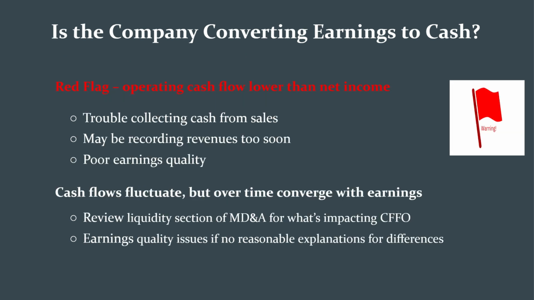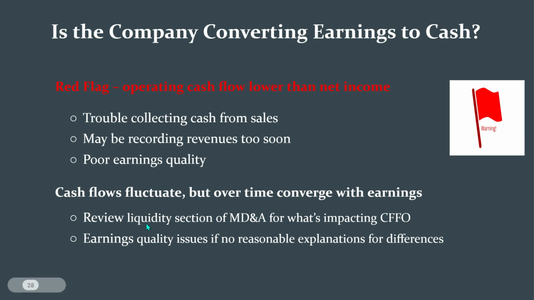A red flag when analyzing the financial statements for cash collection is where operating cash flow is lower than net income. This could be a sign that the company is having trouble collecting cash from sales. It might be recording revenues too soon, and it could indicate poor earnings quality. Cash flows do fluctuate, but over time they should converge with earnings.